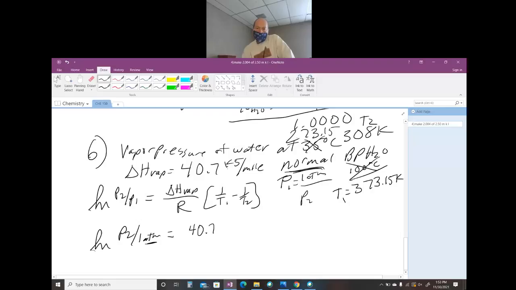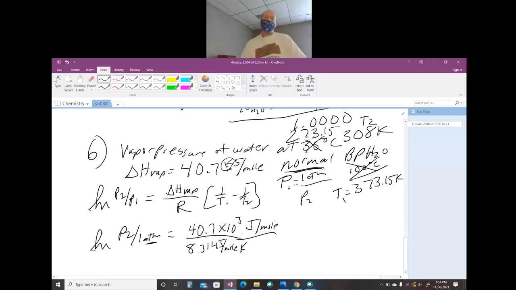All right, so your delta H of vaporization, 40.7. We don't want kilojoules because we have 8.314 joules per mole Kelvin for our R value. So this has to also be in joules per mole. So I'm going to get rid of my K because I know K is 10 to the third. So instead of putting the K in, I'm putting times 10 to the third joules per mole.